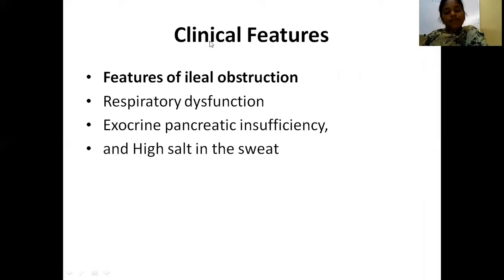Coming to the clinical features of meconium ileus. How does a patient of meconium ileus present to you? They will be presenting with the features of ileal obstruction because the whole pathology lies in the terminal ileum.